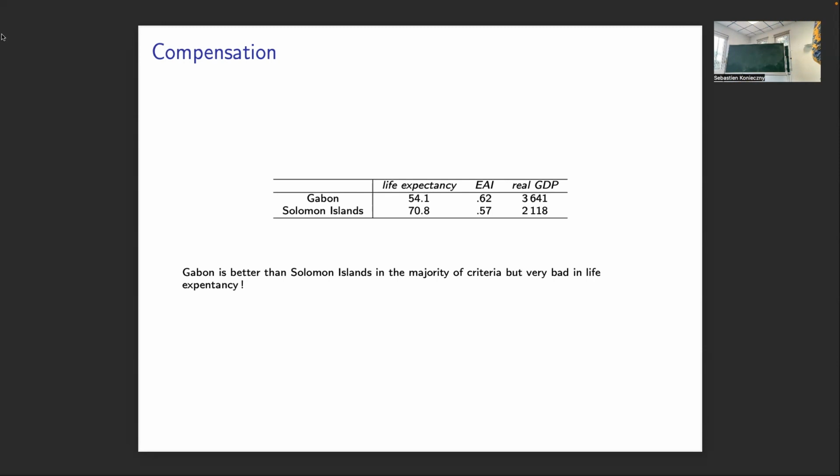Because it has a lower score in education, but I already spent my education in another country, so it's fine for me. Okay. So now I just have 2 criteria. And then which one do you prefer? Then money, and then you prefer Solomon Islands. Other argumentation about it?